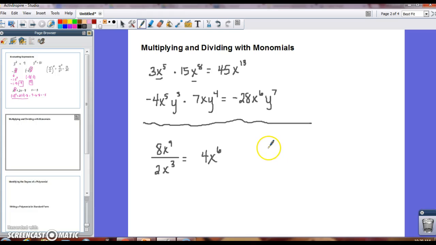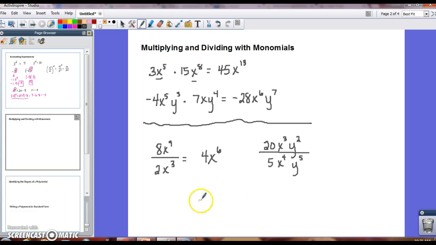When you are doing division, this is where people tend to make careless mistakes. That's where they make their mistakes most often. You've got 20x to the 3rd y squared over 5x to the 4th y to the 5th.